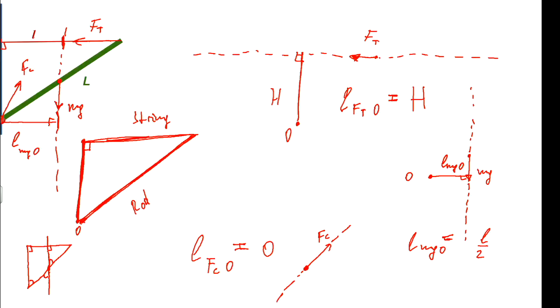So you can draw an additional line like this, for example. 90 degrees, so 90 degrees.